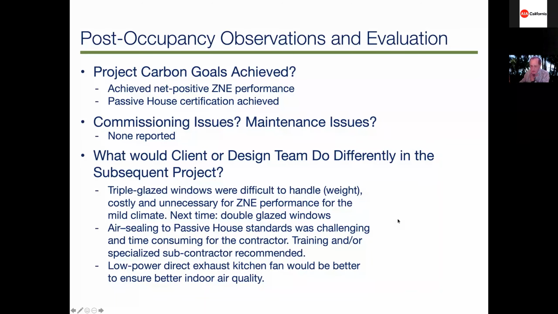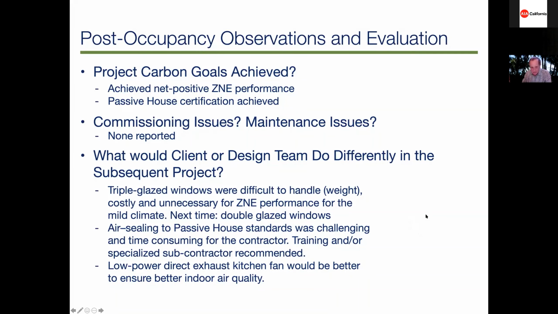Kitchen fans are over-designed, and I think people feel like I just need a lot of ventilation. They get these jet engine fans and put them in their houses. Completely unnecessary. Anyway, I'll get off that soapbox.